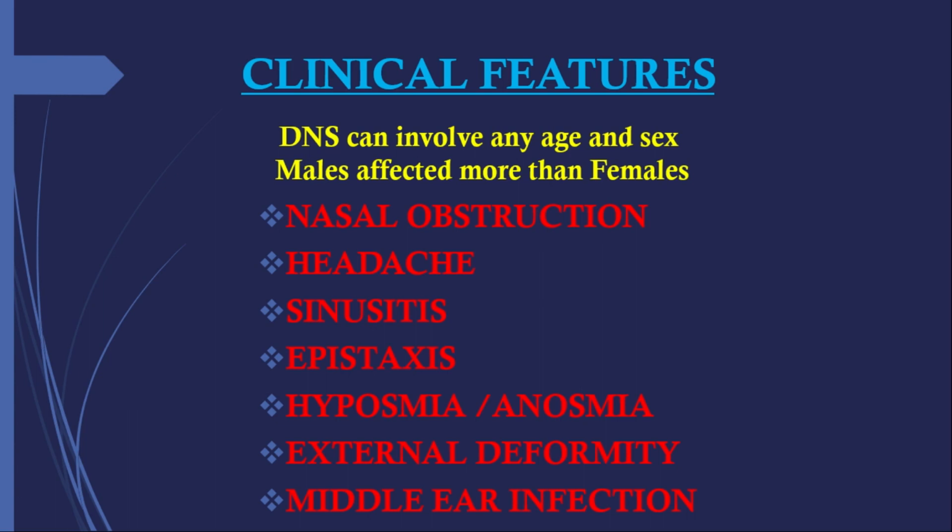But later on, when the DNS has become old, nasal obstruction can become bilateral as well, although it had been unilateral to start with. It's because of compensatory hypertrophy of the inferior turbinate on the side opposite to where the nasal septum was deviated.